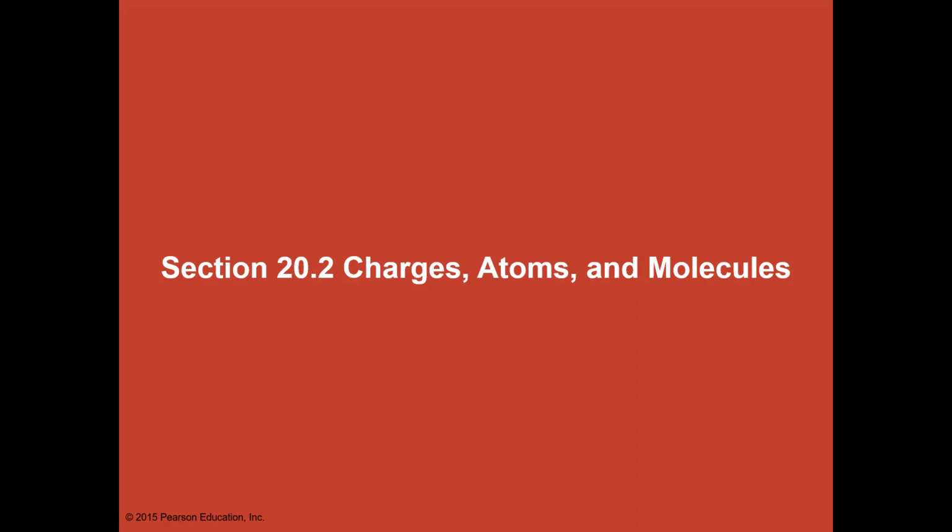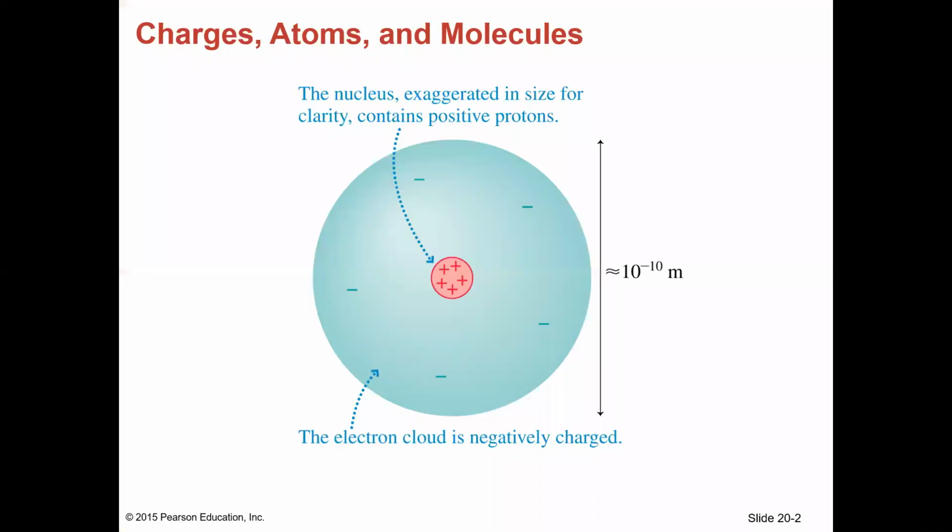You all know the structure of an atom from some elementary science. An atom has a central nucleus. The nucleus has protons and neutrons, and the net charge of a nucleus is positive. The nucleus is surrounded by a cloud of electrons.